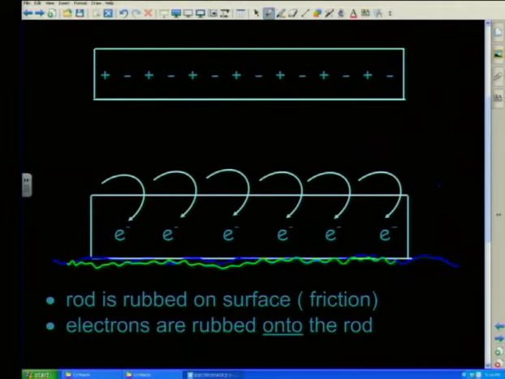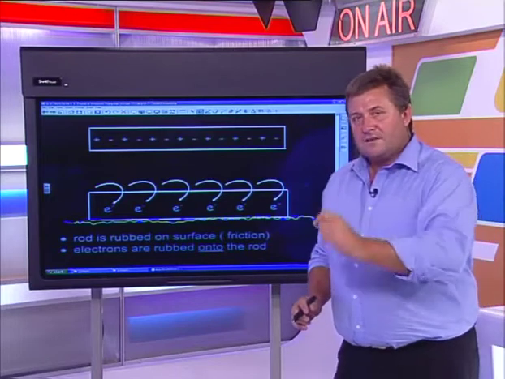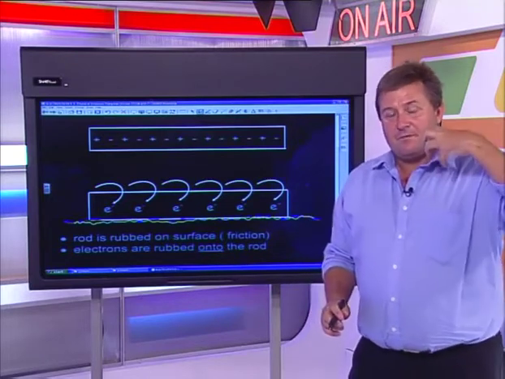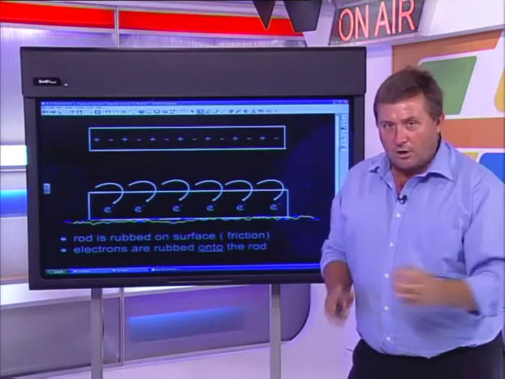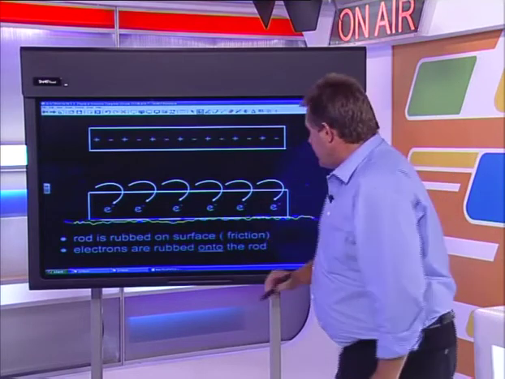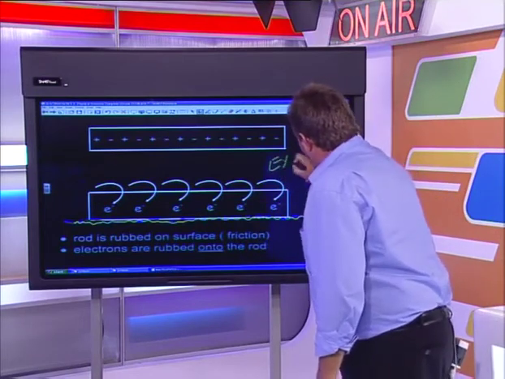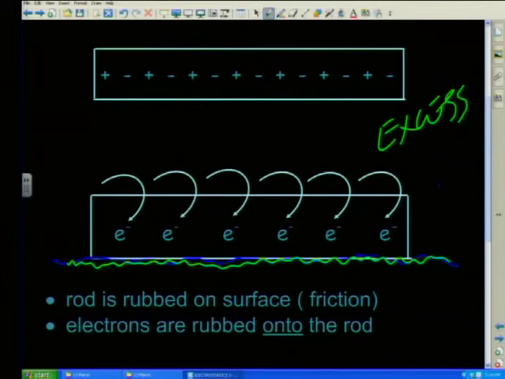All right, what's going to happen? Well, in this case, we can rub electrons on. This is the other option. We have the ability to rub electrons onto the rod. So can you see now that by doing that, we must create an excess of electrons on the rod.